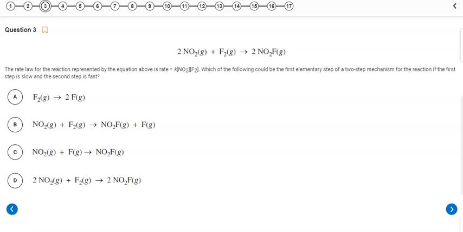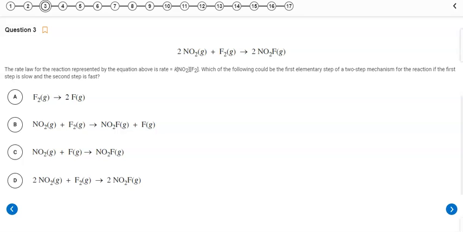So if that rate law is the rate law of the rate determining step, the slow step, and it has exponents of 1, then those would be the exponents on the elementary rate determining step. So you're looking for an NO2 with a coefficient of 1 and an F2 with a coefficient of 1.